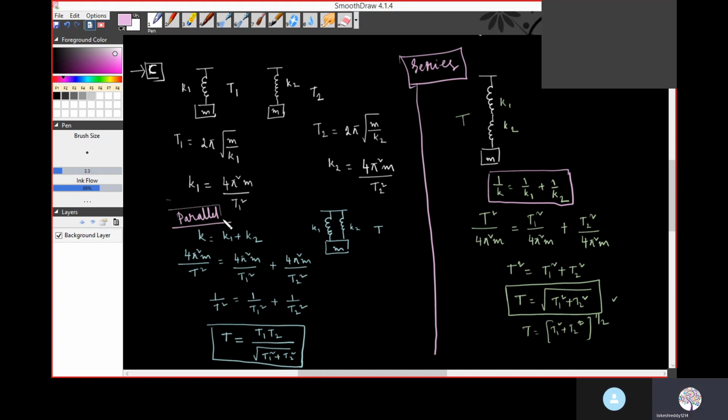When you have connected them in parallel, this is what you are going to get. When connected in series, the effective time period is T1 square plus T2 square under root, whereas in parallel T is equal to T1 T2 by root of T1 square plus T2 square.